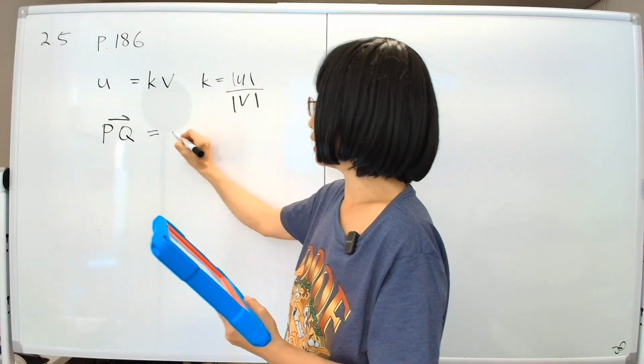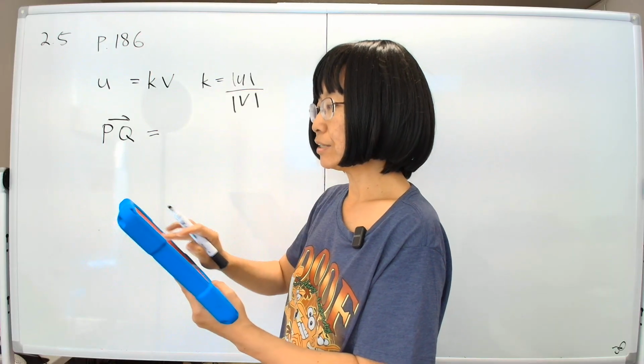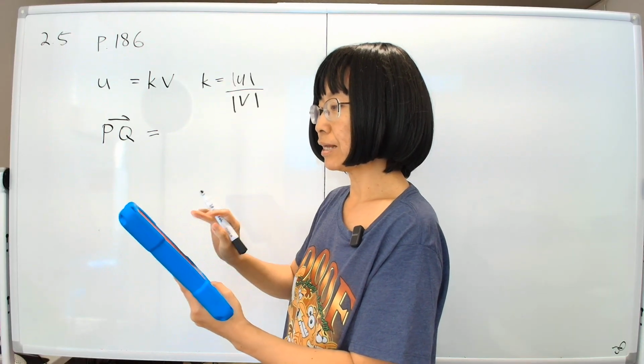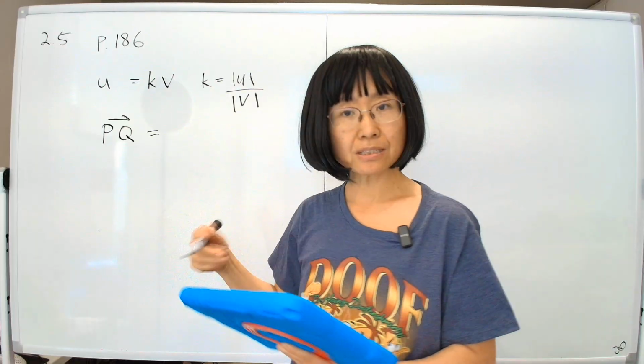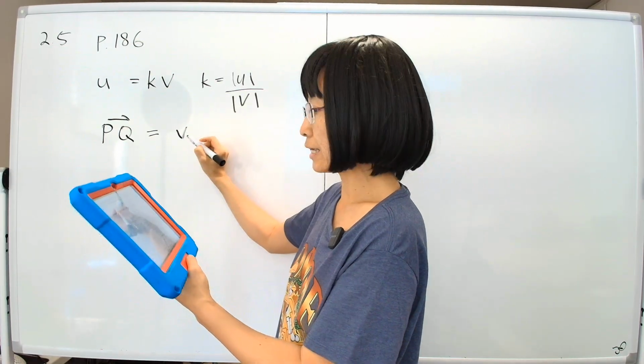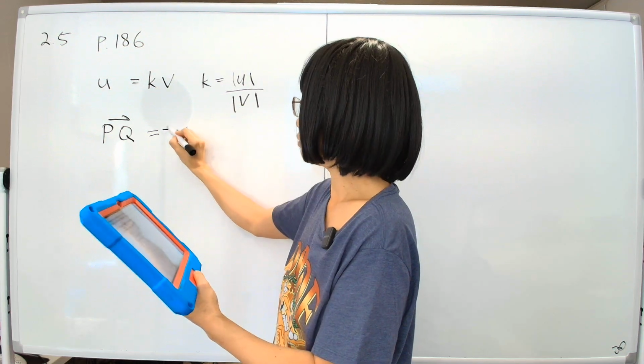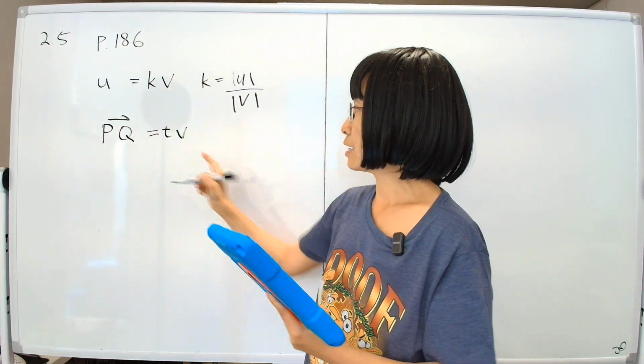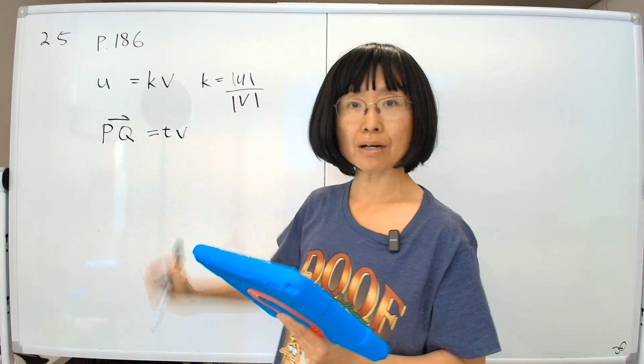That will be equal to some vector at the origin, which we will call V, a vector that's parallel to the line. So PQ will be equal to tV, if V and PQ are parallel.